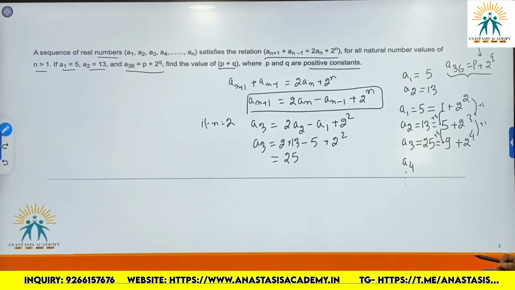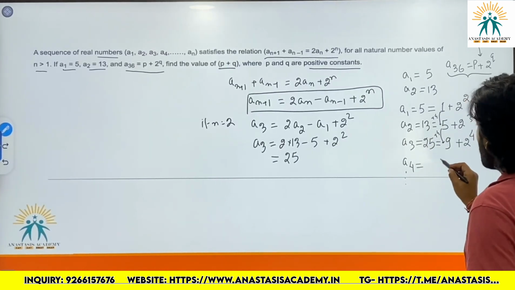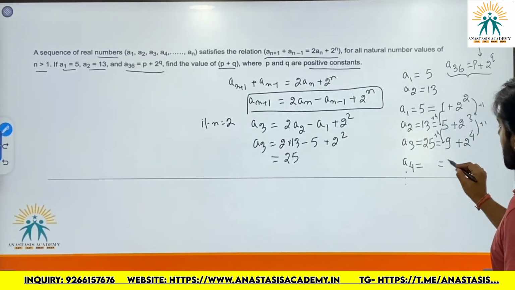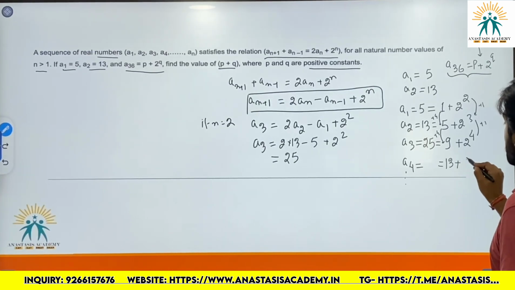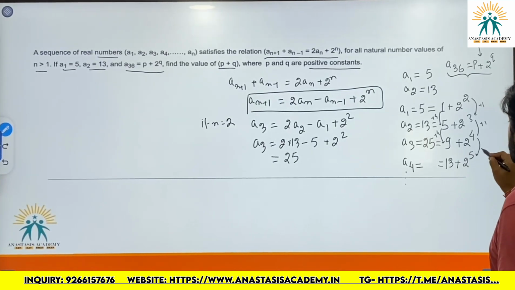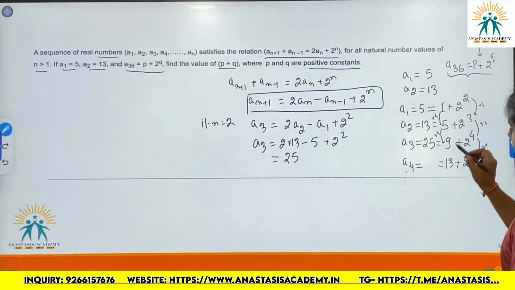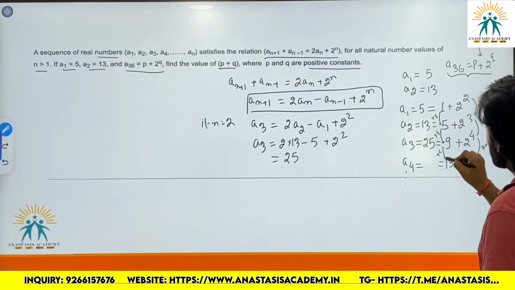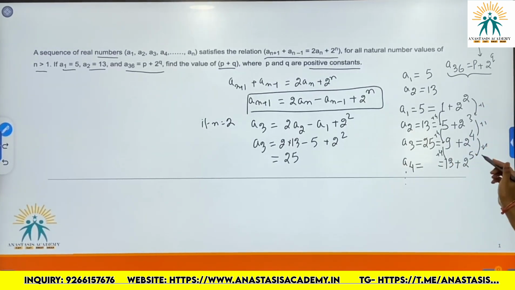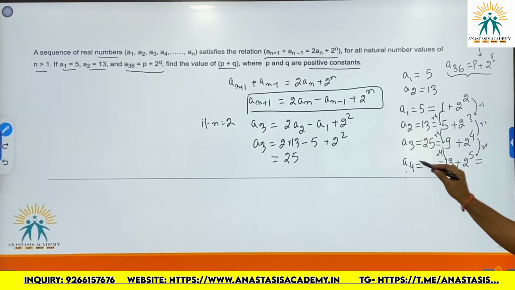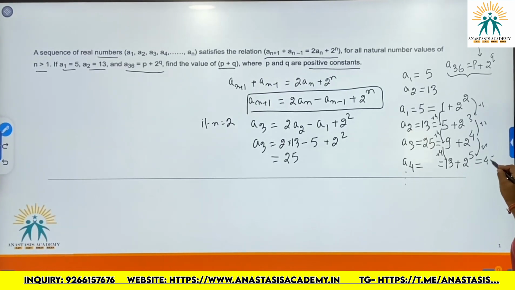So according to this pattern, the value of a4 must be equal to 13 plus 2^5, because the power of 2 will increase by 1 and this term will increase by 4. According to this pattern, a4 will be 32 plus 13, that is 45.